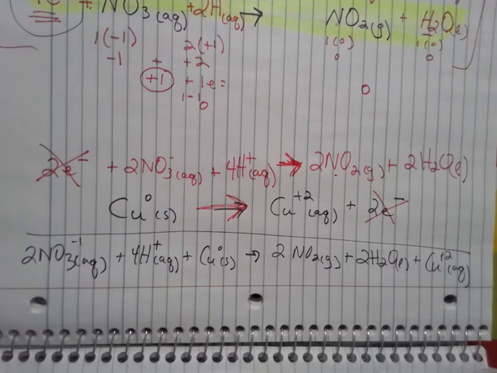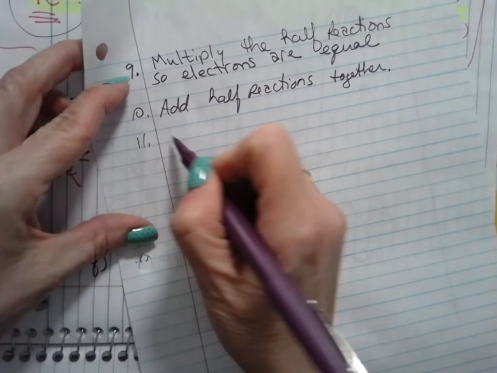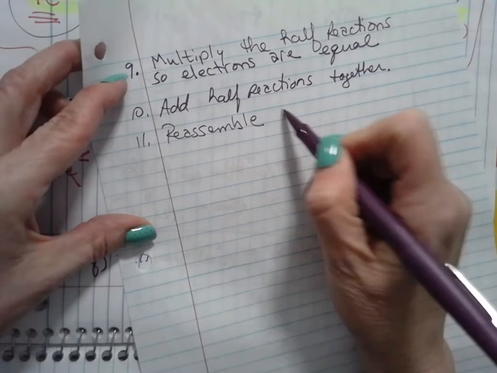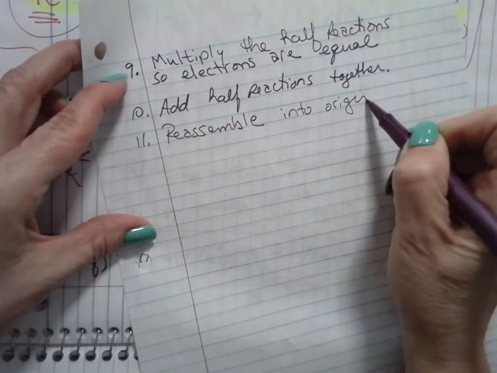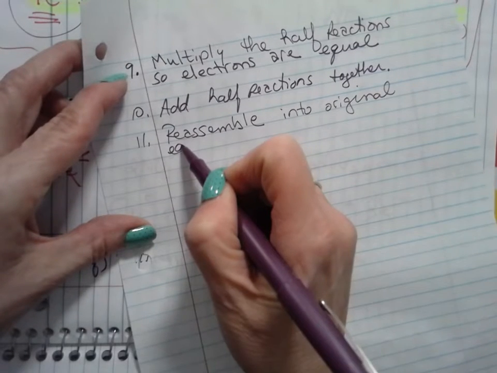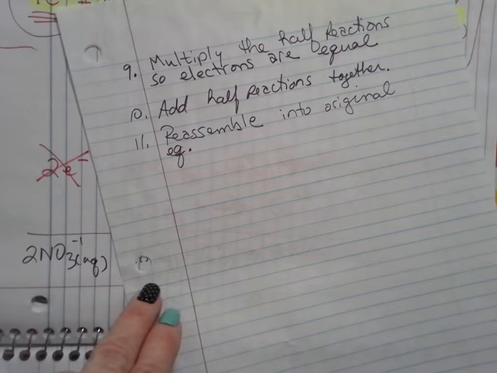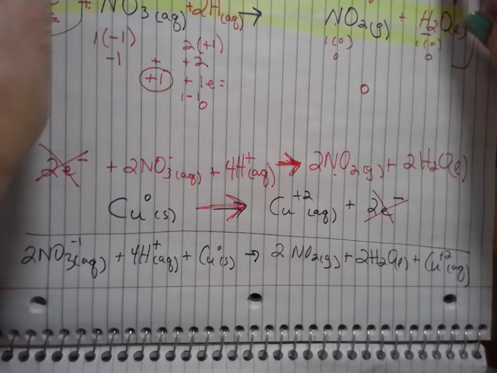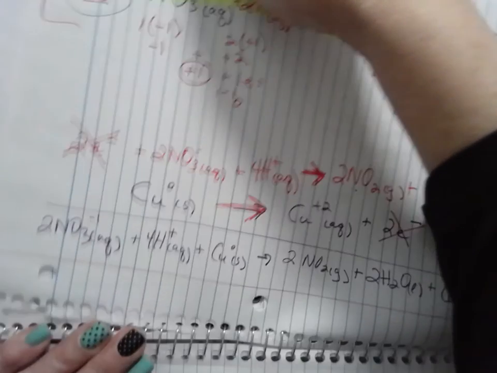Now, the final step, number 11, is that I'm going to reassemble my half reactions into the original equation. Okay, so number 11, I'm kind of reassembling. So when I do that, sometimes this is where we get into having to play around with things a little bit.